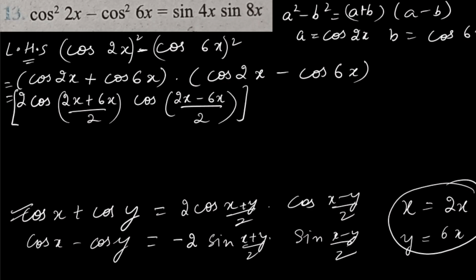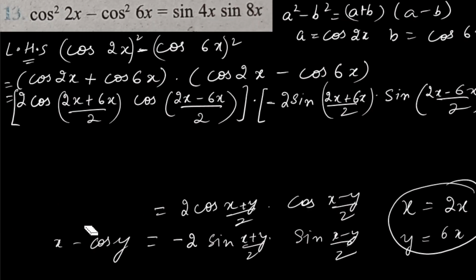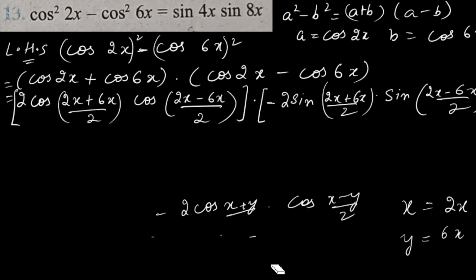So the first bracket I have just expanded using its formula. Now let us do the second one. Here minus is there, so the minus sign will come at the start. Minus 2 sine 2x plus 6x by 2 into sine 2x minus 6x by 2. So I have just substituted the values and used this formula.